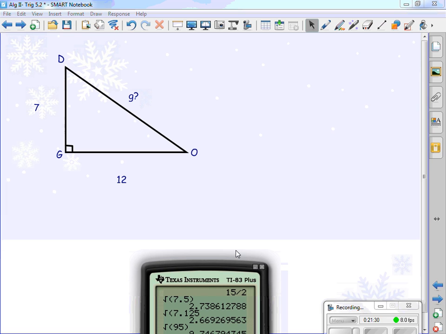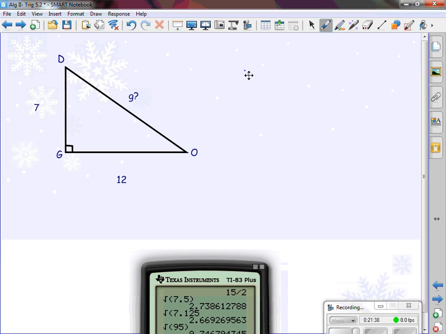How about this one? Pythagorean theorem right there. a squared plus b squared equals c squared. 7 squared plus 12 squared equals g squared.